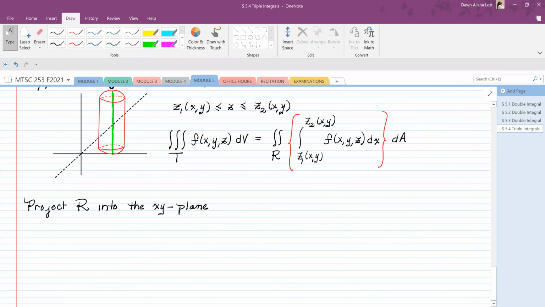And then you integrate with respect to Y, or X if horizontally simple.